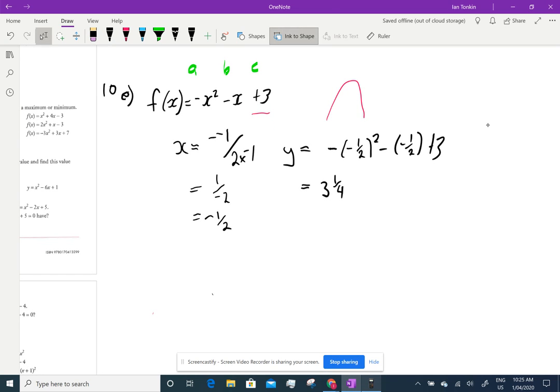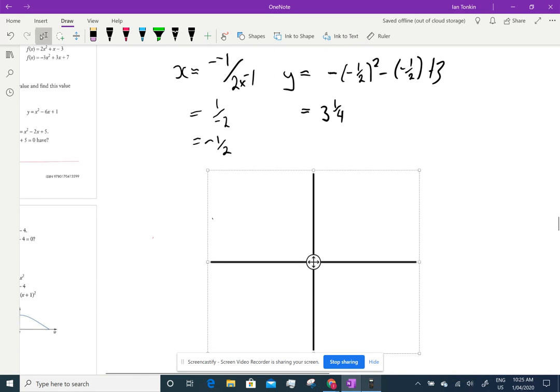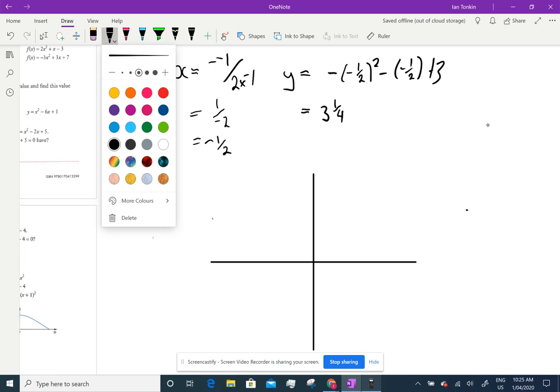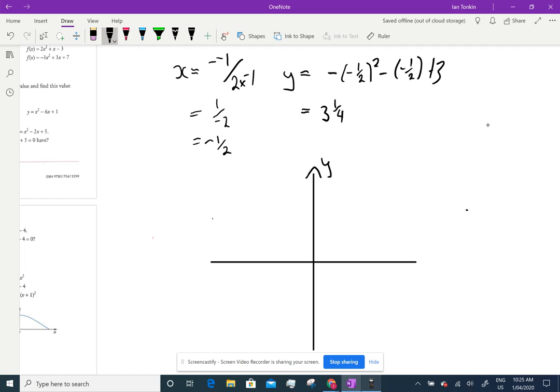So there's my axes. Label them. Y and X. We know it goes through 3. 1, 2, 3. We know it's negative. We know at x equals minus a half, so about here, minus a half. And this point up here is 3 1/4.